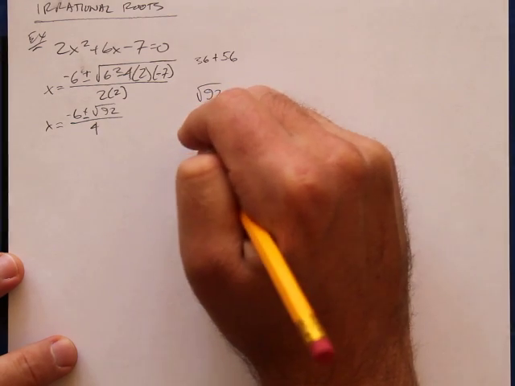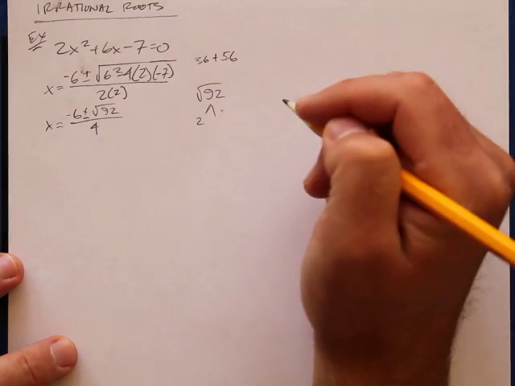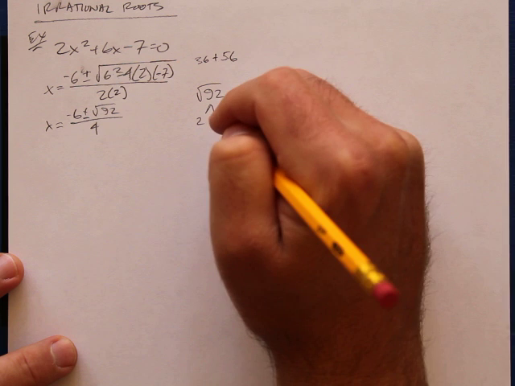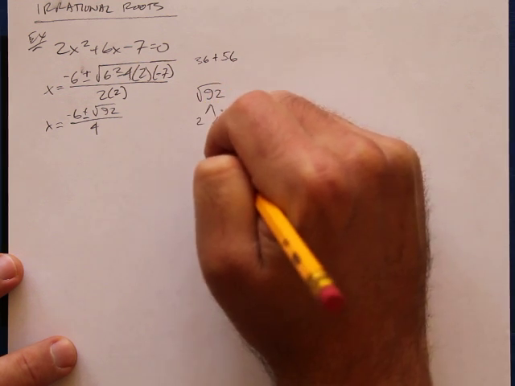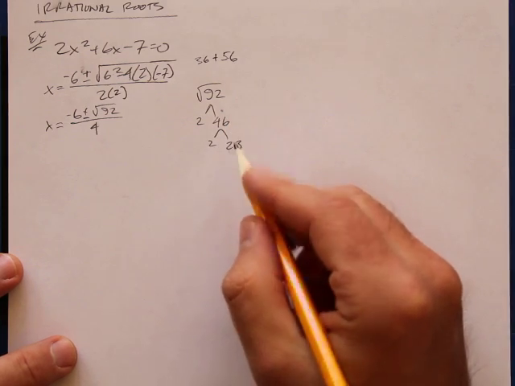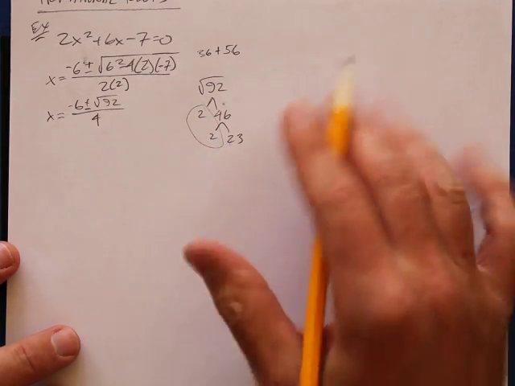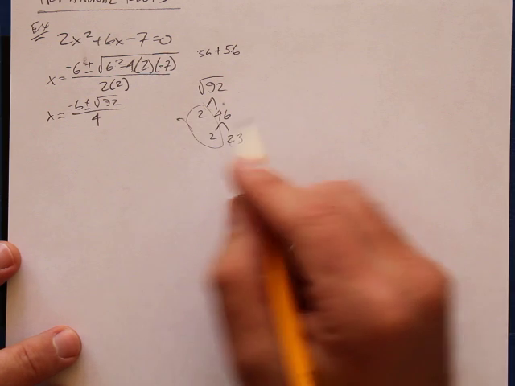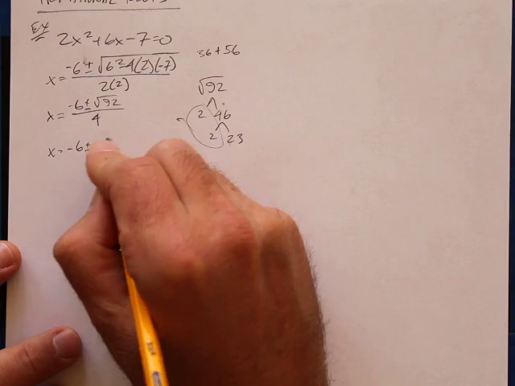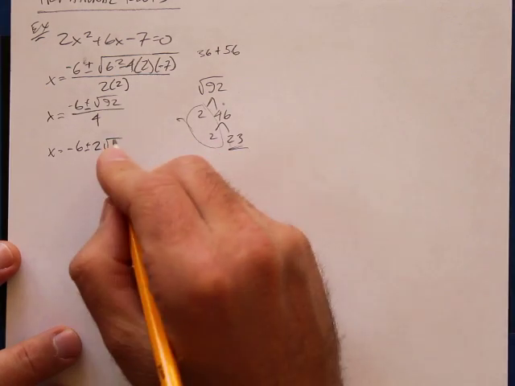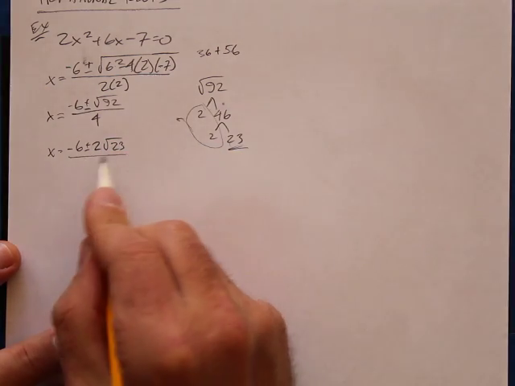So I'm going to say 2 times 46, and 2 times 23, and there's nothing I can do with 23. That's a prime number. But I can pull this 2 out here. So I've got x equals -6 plus or minus 2 times the square root of 23 all over 4.